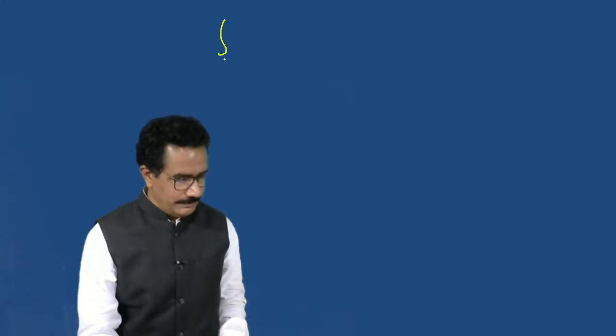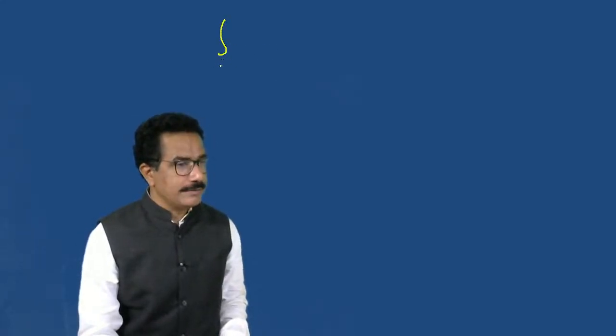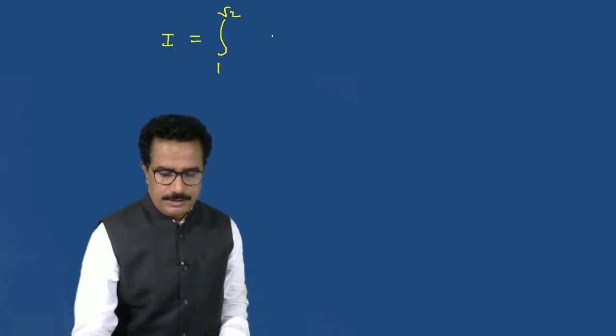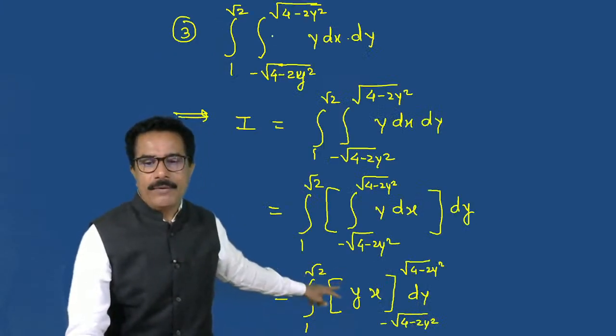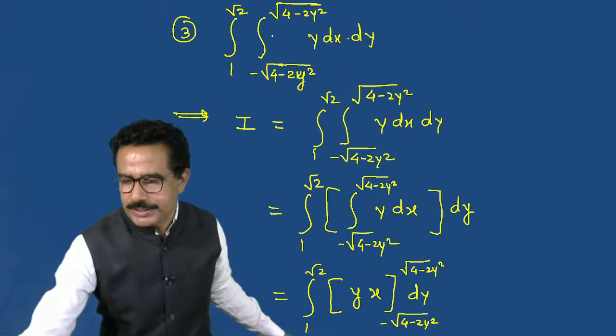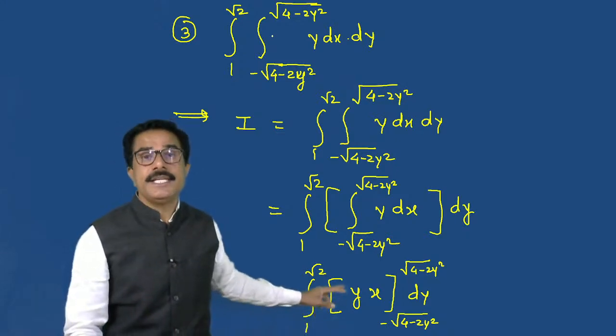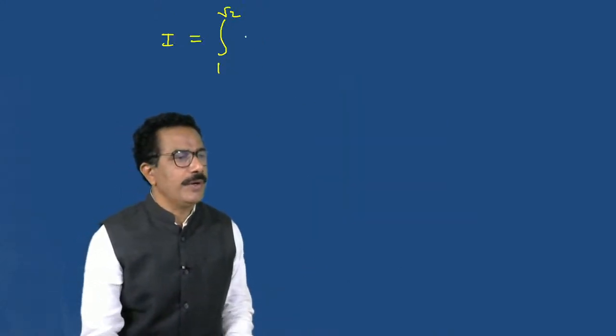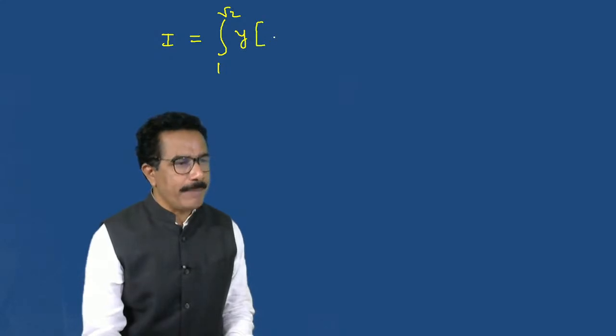Now take the values. Integral from 1 to √2. Now y as it is; these are the limits for x. Keep y as it is and put the upper limit.